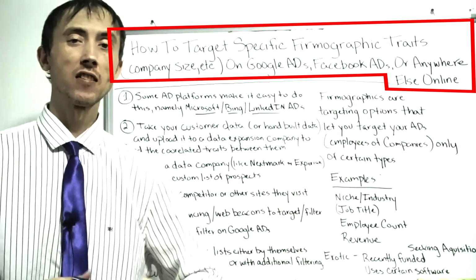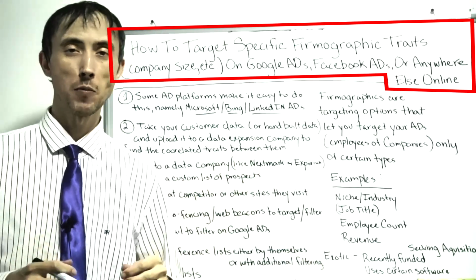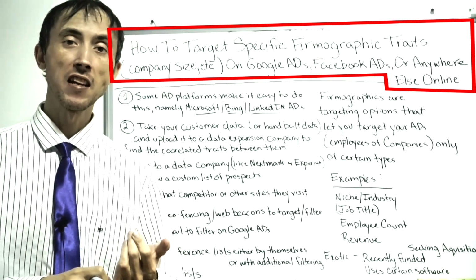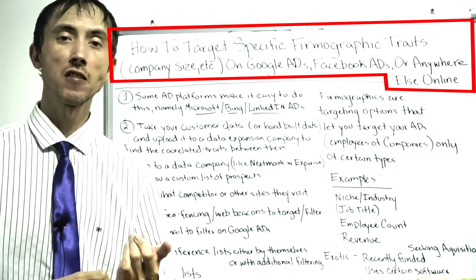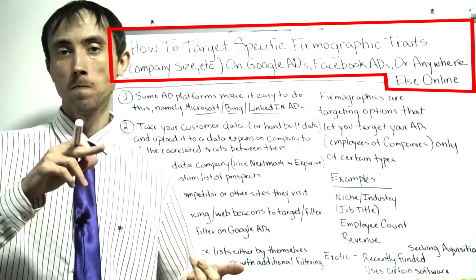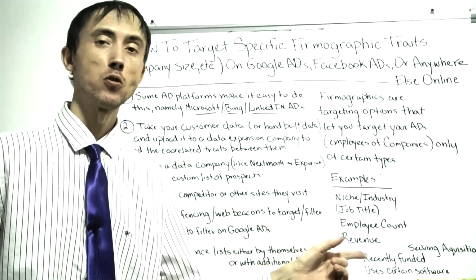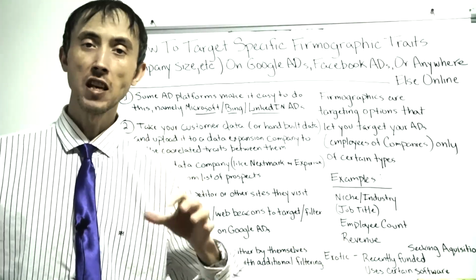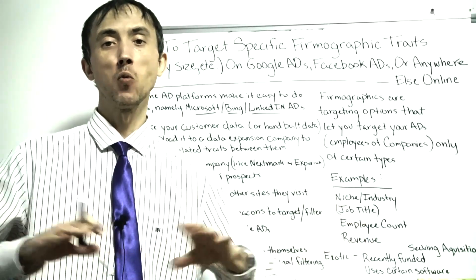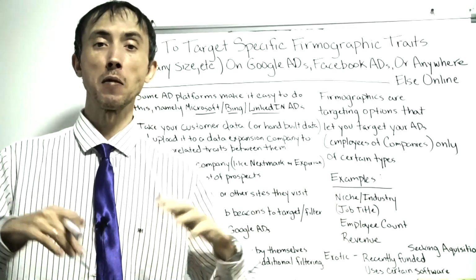Google, Facebook ads, doesn't matter what ads you're running online, for the most part, with some minor exceptions, but at least with all the main ad platforms that 99% of you would want to advertise on online, you can actually filter it down to the exact company size, employee count, whatever it is, or even stuff like they use HubSpot software, to get the results that you want without having to target all the people that would be wasted circulation for your campaigns, and therefore make more money.